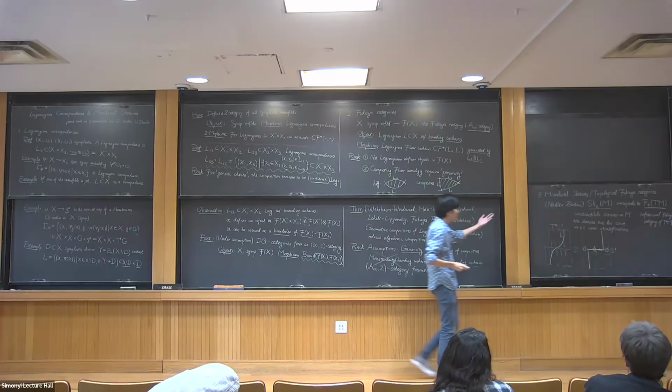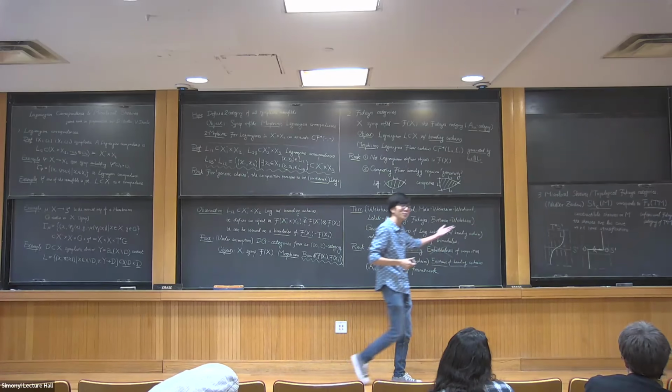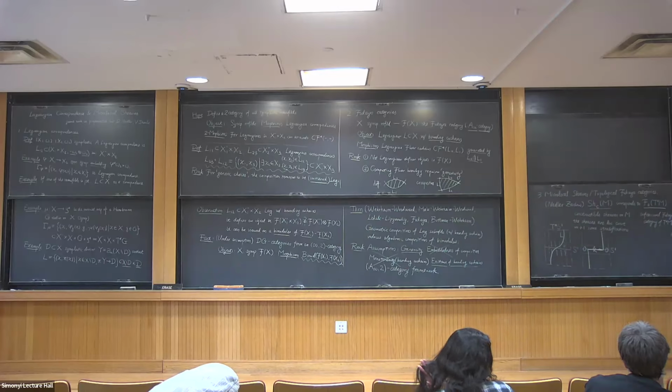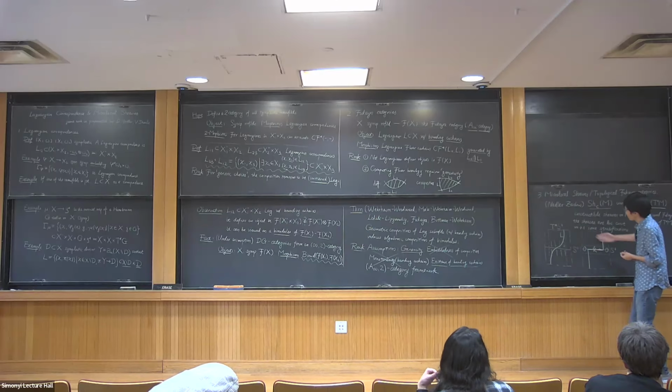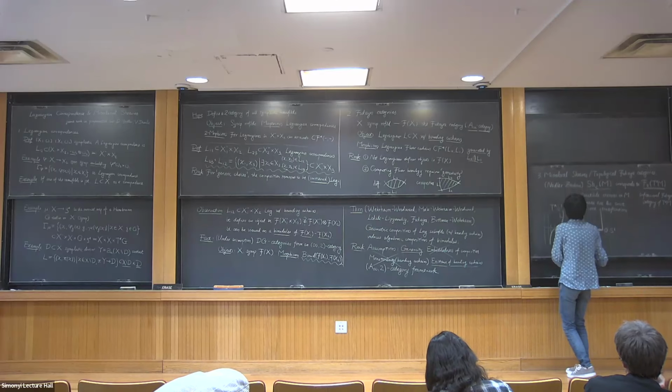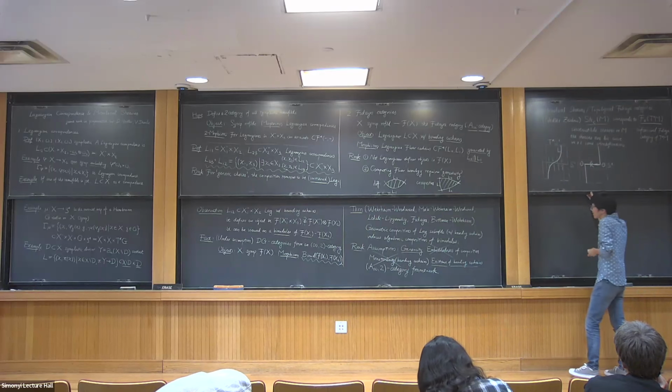Of course, this is mostly a heuristic picture and it's harder to explain what happens in general, but it explains that, given the Lagrangian, you can associate some sort of sheaf type object inside the core of the manifold. And there's now a more precise statement that I can write down.